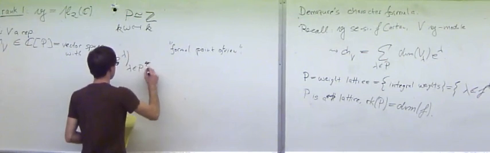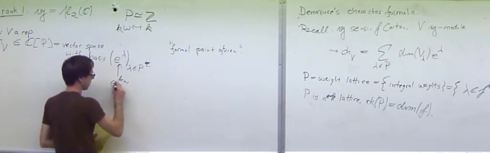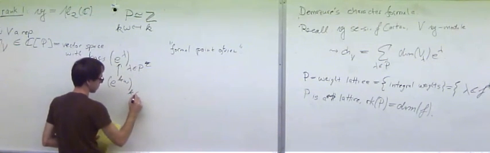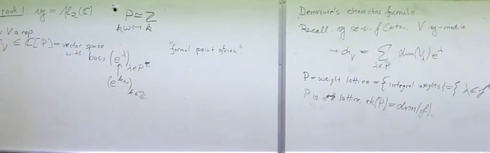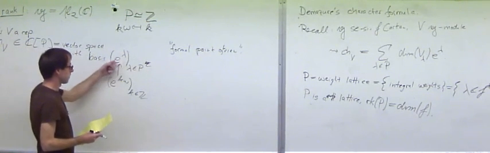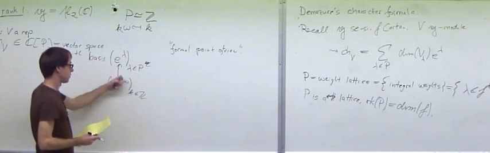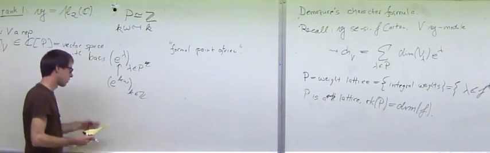In our case this is just the vector space whose basis elements I can write as e to the k omega, where k is any integer. So if I have a character, that means I have a linear combination of these. So I just think of this as an infinite row vector.